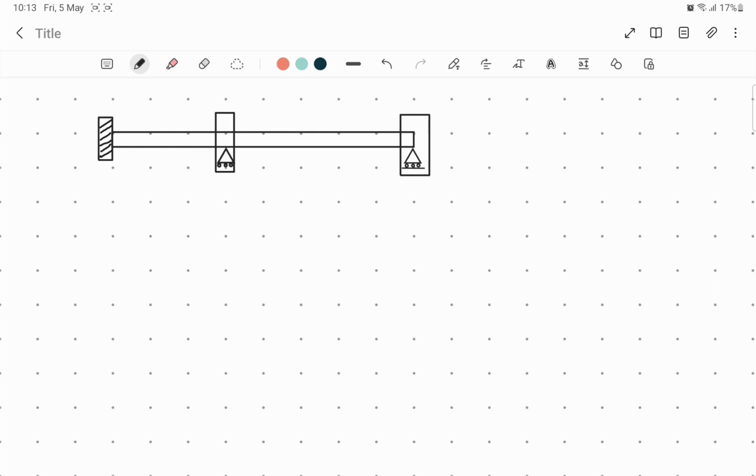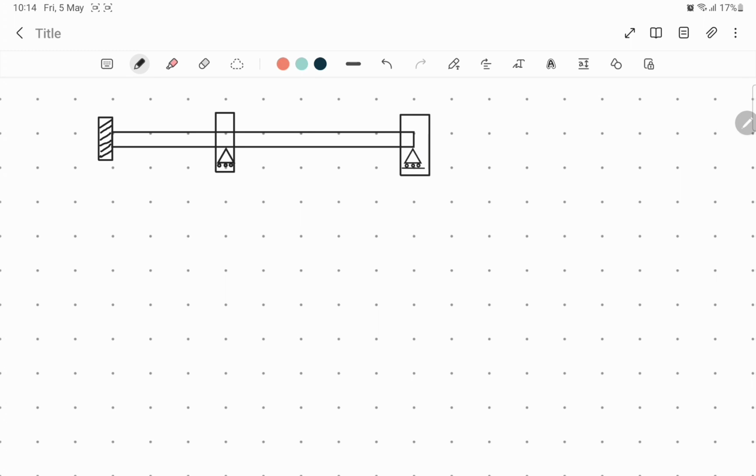So this modified method is very, very useful when we have more than 2 spans. Unlocking the internal support, we can also see if we unlock the support here. When you unlock the rightmost support, it becomes negative, a negative of the value of the moment that we solved from FEM.